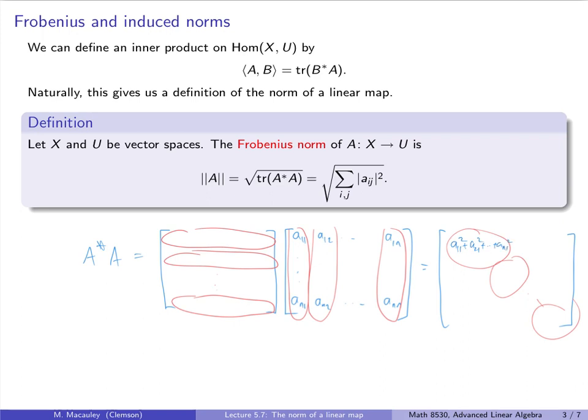And now this 2 entry is just the second row with the second column, so that's just A12 squared plus A22 squared plus etc.